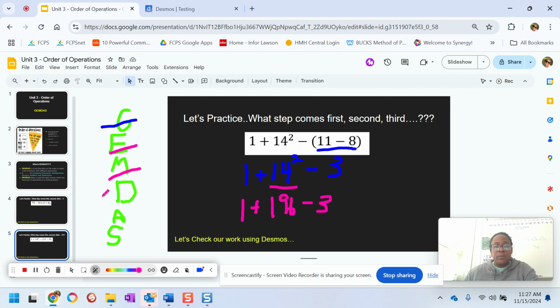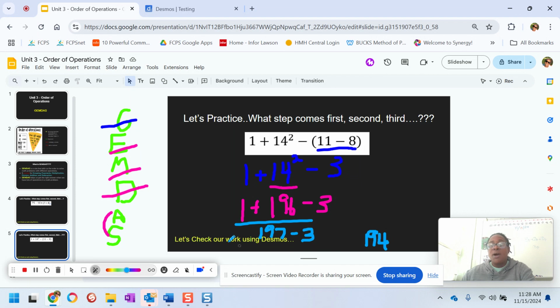I don't see multiplication, I don't see division, but I do see addition and subtraction. Because I'm going from left to right, addition comes first. So I need to do 1 plus 196, which is 197, minus 3. I know that 197 minus 3 gives me 194.